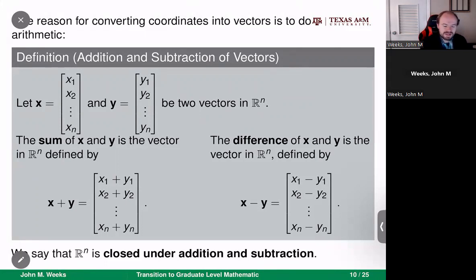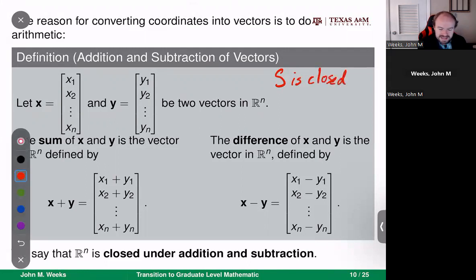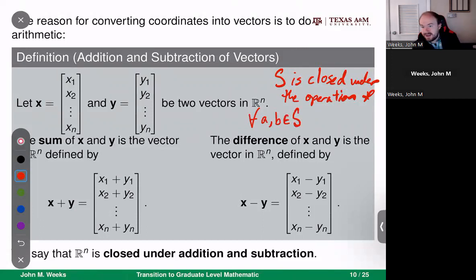So let's say what closed is in a more abstract sense. If we say that a set S is closed, let me go ahead and write this on the page. If we want to say S is closed under the operation, and we'll say that this operation is just something general, we'll call it star. If I want to say that S is closed under star, then what I mean is that for any A and B inside of S, here the upside down capital A is the for all quantifier.